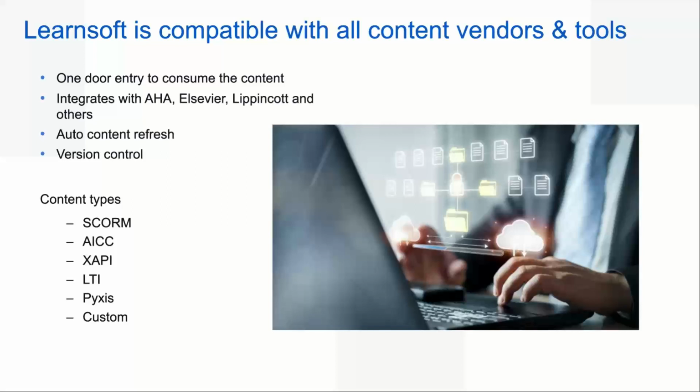But at the same time, we want to have version controlling in place so that the last year course which I took, if I launch that from my transcript, I can still see what the version was for last year. The content type can be any content type coming from any packages, whether it's a SCORM, AICC, Tin Can, LTI, or any custom packaging.